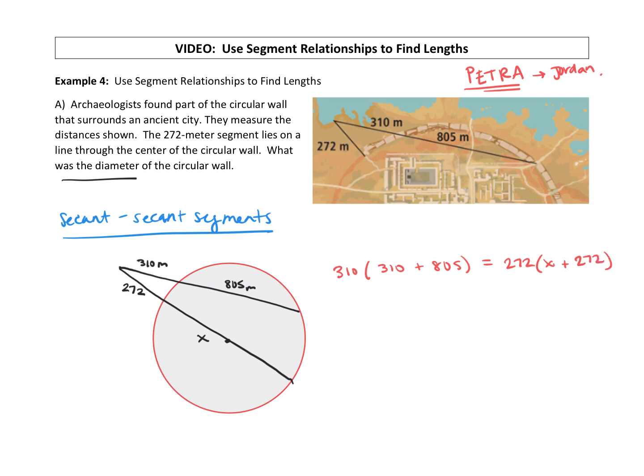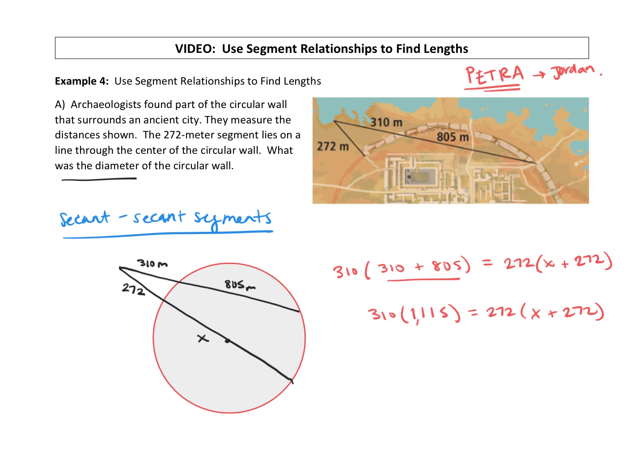All right, so first things first, why don't we go ahead and add those together? That's 310 times 1,115. That's equal to 272 times x plus 272.